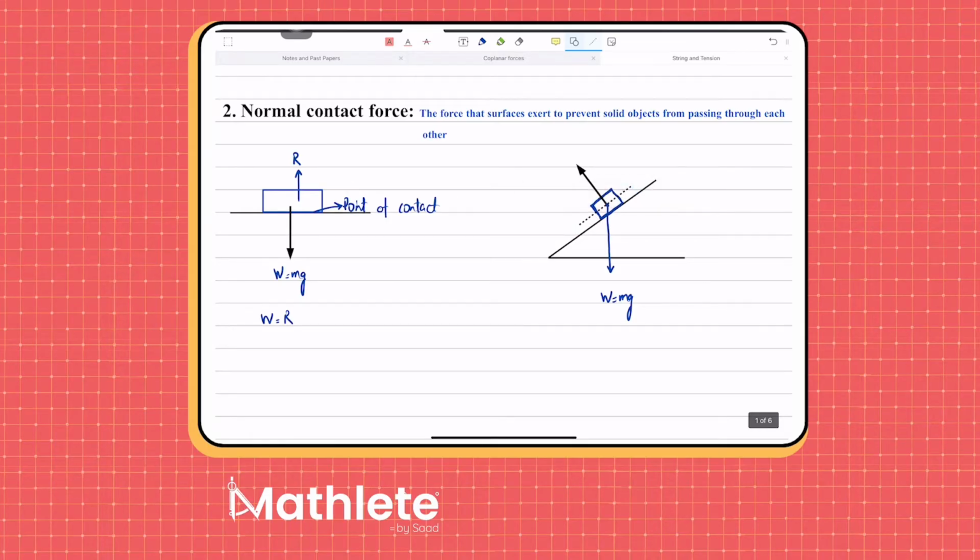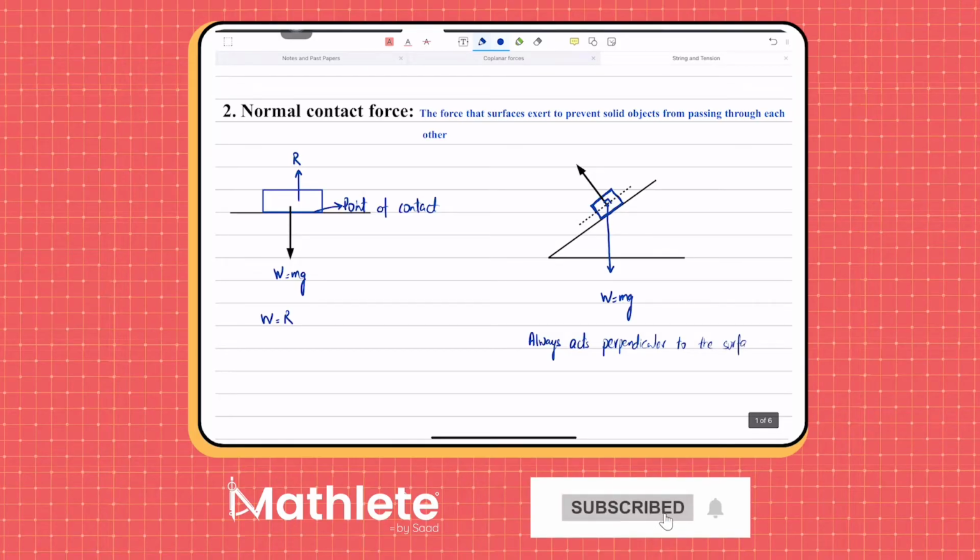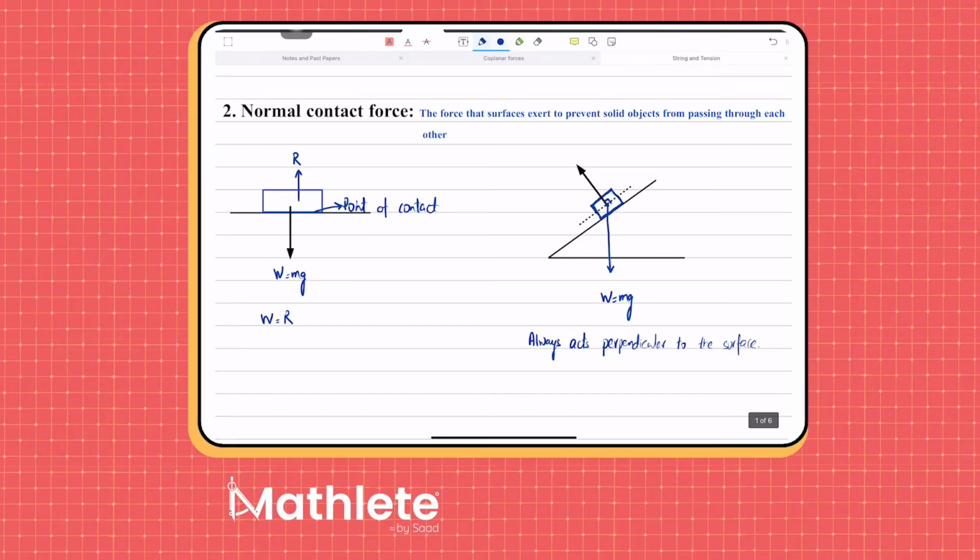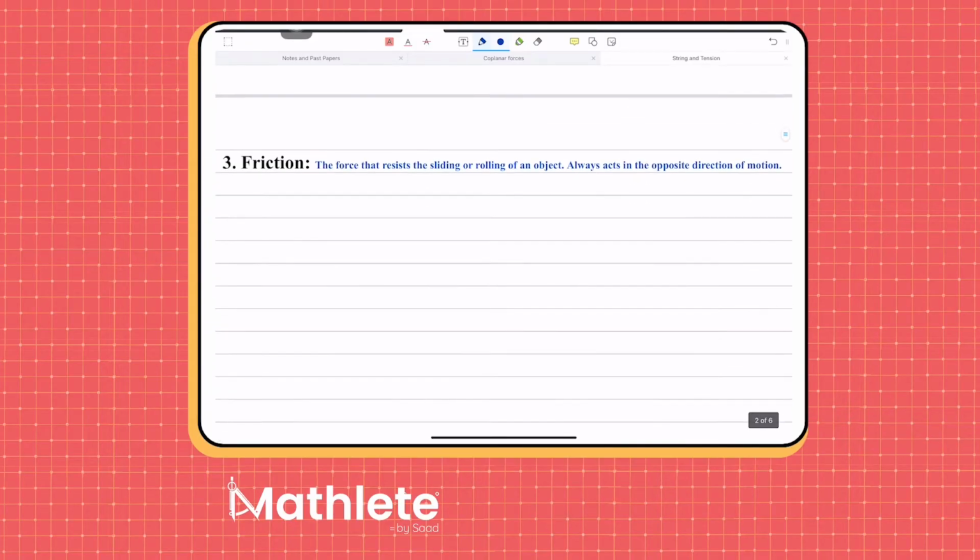Now we will not be dealing with these forces right now. We will be dealing with them later on, but like I said, it's a good idea to write them down now. It always acts perpendicular to the surface.